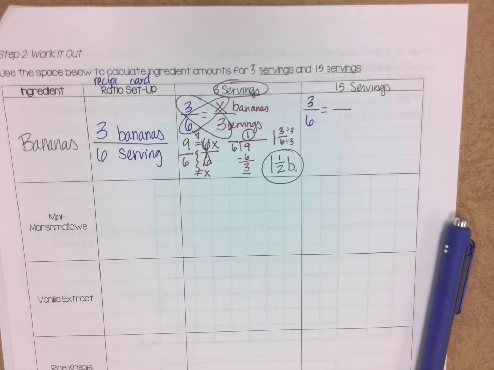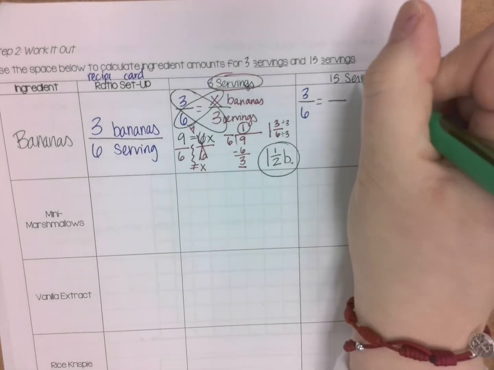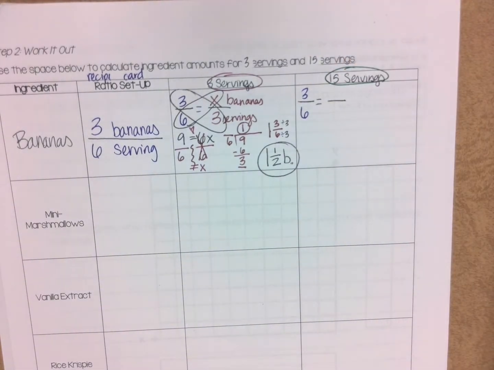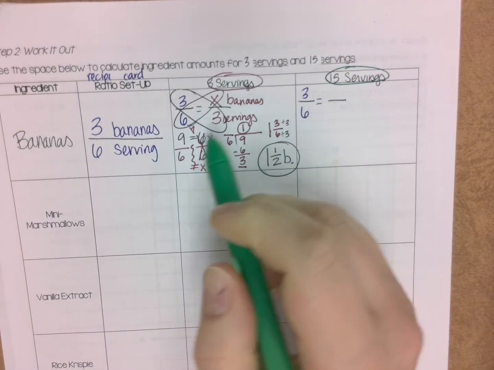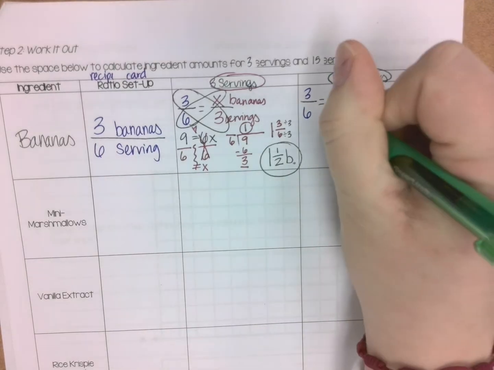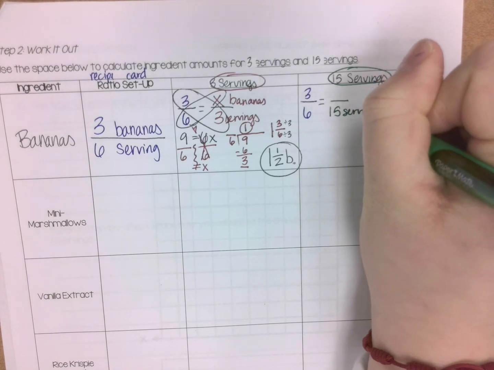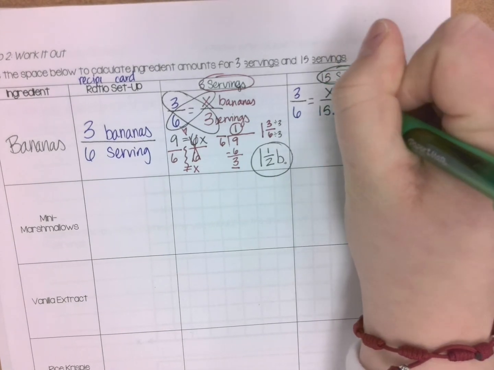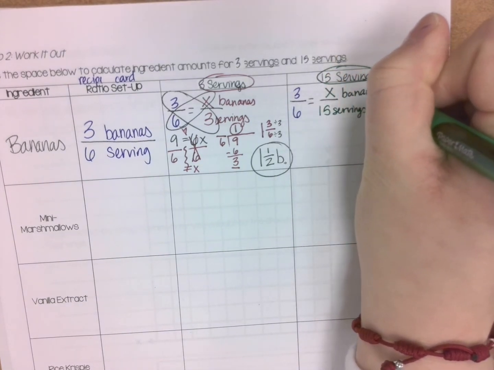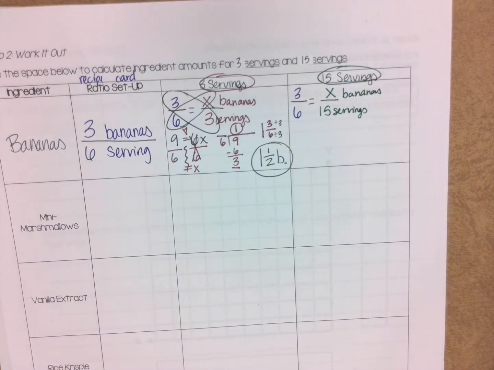Now I need to look to the top of my other column, excuse me, and see that now I'm trying to solve for 15 servings. Again, my serving number is going to go on the bottom. And I need to figure out how many bananas I need for 15 servings.